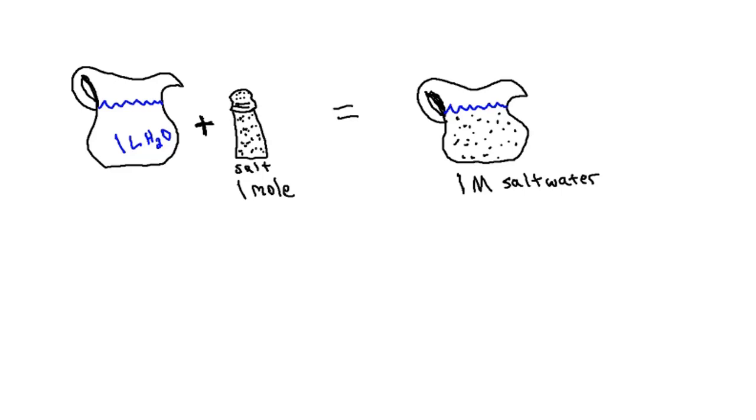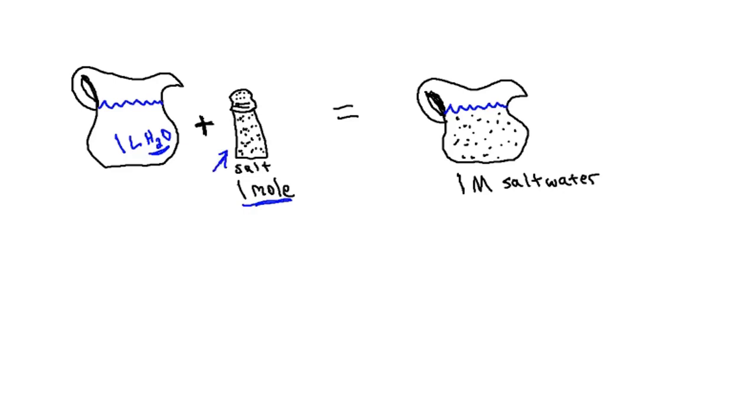Now let's take a look at salt water for a minute. We have 1 liter of water, this H2O, a pitcher of a liter of water, and then we have 1 mole of salt. This is my attempt at drawing a salt shaker.